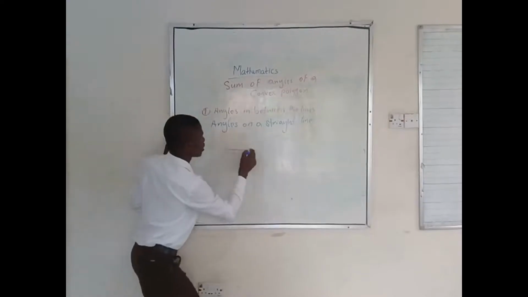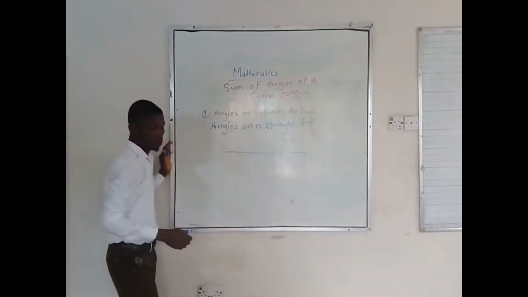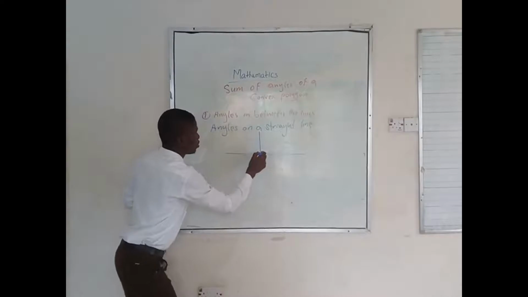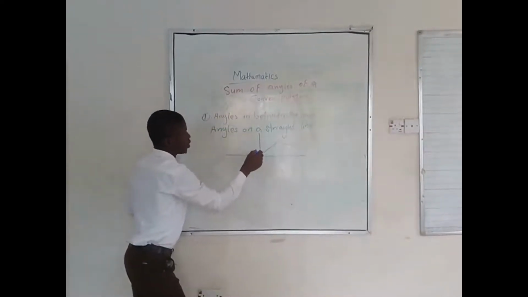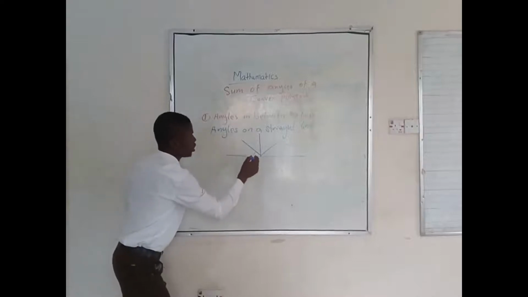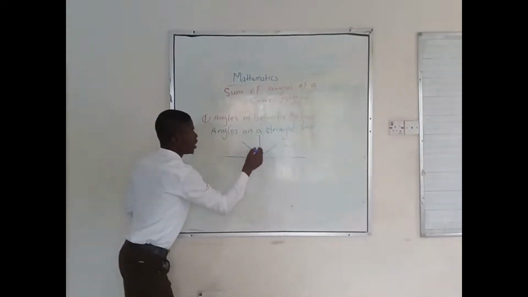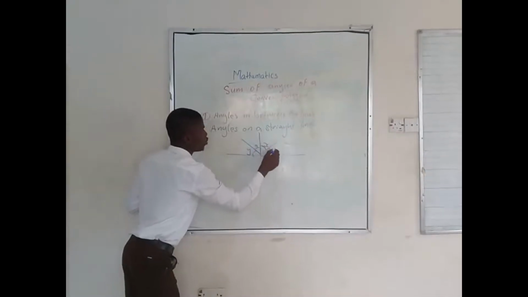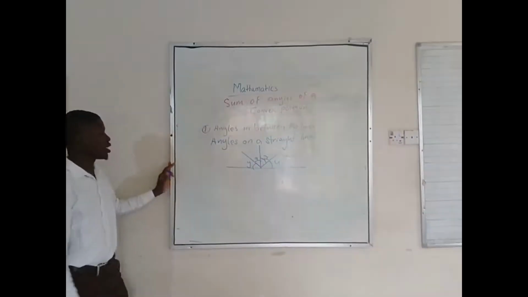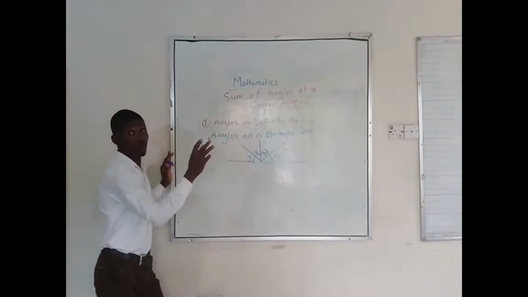Maybe we have a straight line like this, and I draw something to meet here. I have another one that moves over there, and another one that I move there. I call here y, maybe here a, here x, and here u. The sum of these angles here is equal to 180.